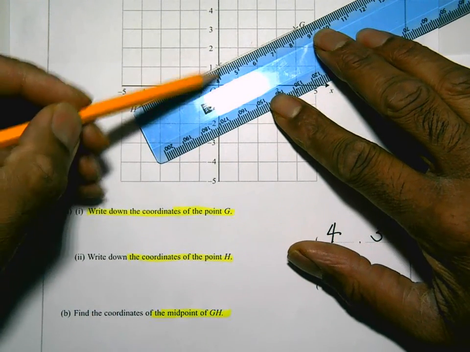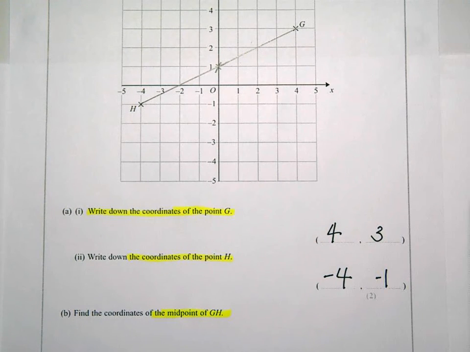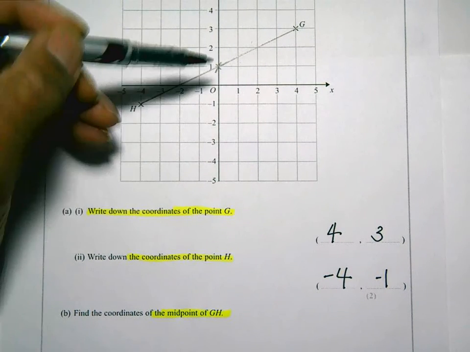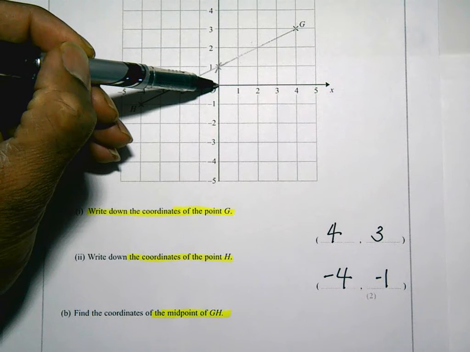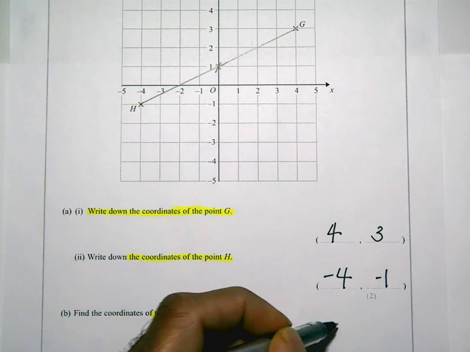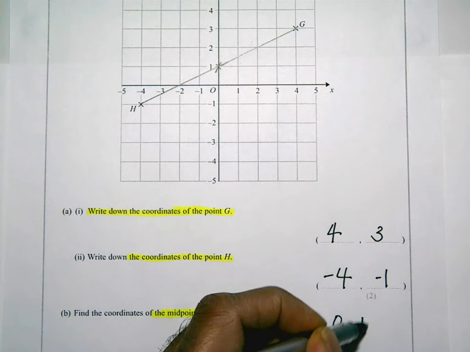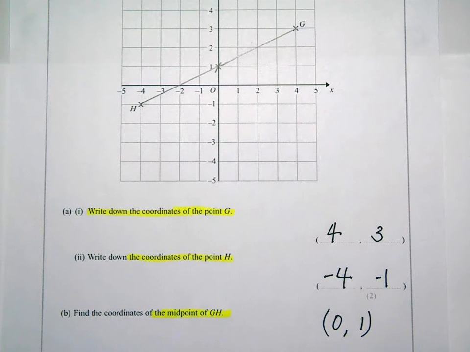That's a pretty rough way of doing it, but I could see that there is going to be my midpoint, and the coordinates of that midpoint, well, if I'm there, I don't need to go along the corridor, so it's going to be 0, and then up the stairs to 1. So the midpoint is going to be 0, 1. Okay, so that's a pretty straightforward way of doing that.